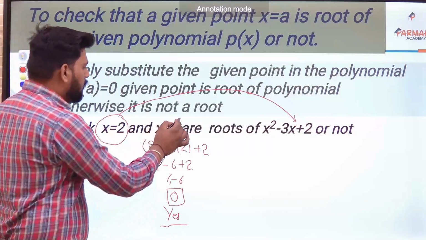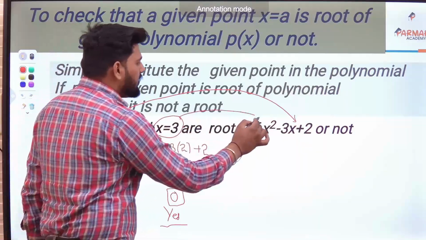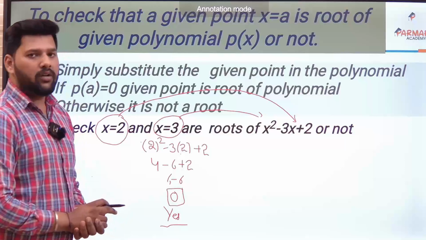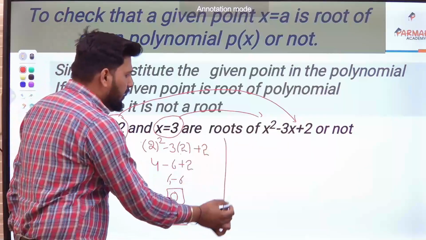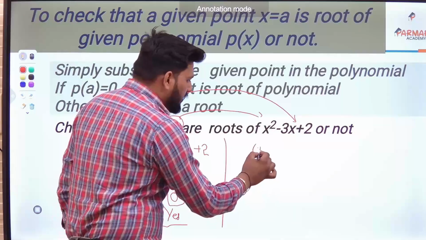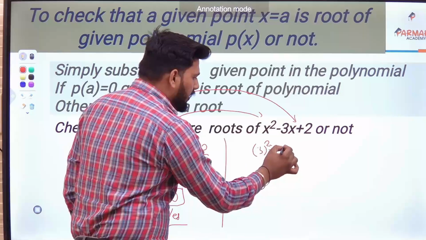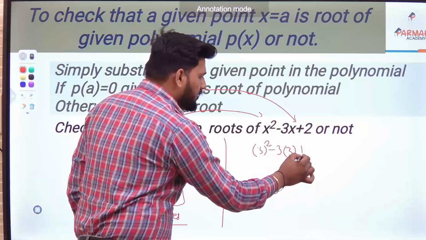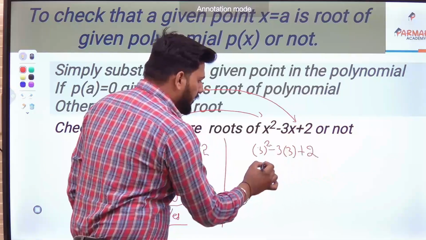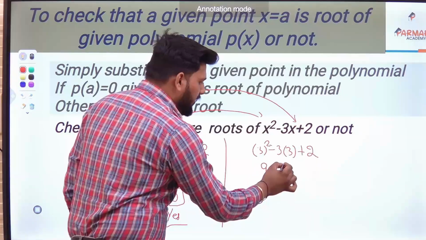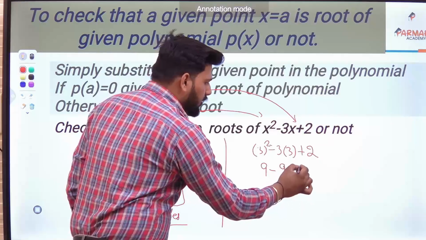Now let's check for x is equal to 3. Is this a root of this polynomial or not? Again, follow the same steps. Replace x by 3. This is 3 square minus 3 into 3 plus 2. 3 square is 9, 3 3s are 9, plus 2.